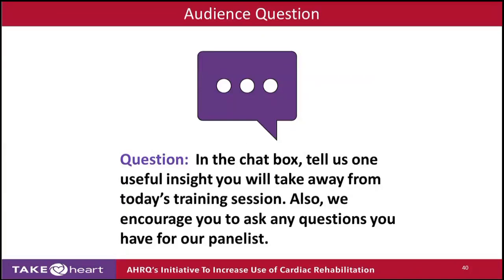So when we decided to take part in Take Heart, it was a huge blessing in disguise. It was an area that we really looked at, and Take Heart gave us the tools that we needed to be successful in implementing the automatic referral and utilizing our care coordinator as that in-person face that represented us in the department.